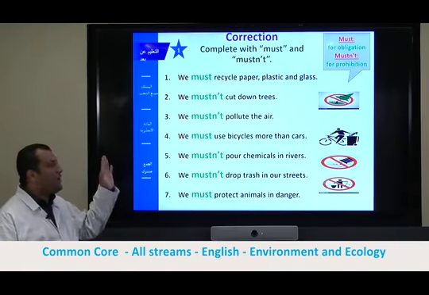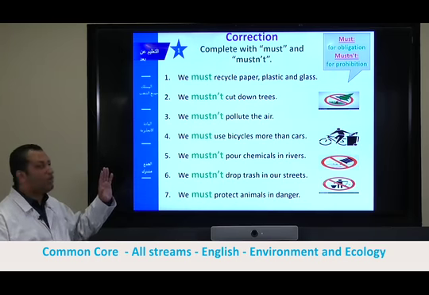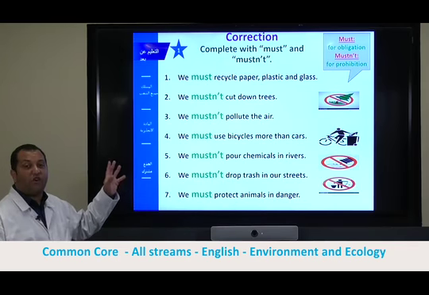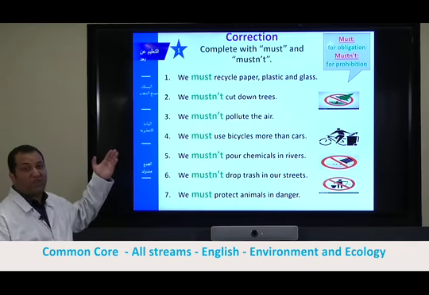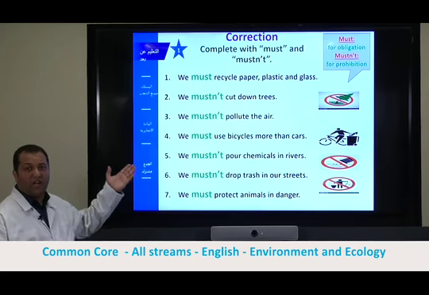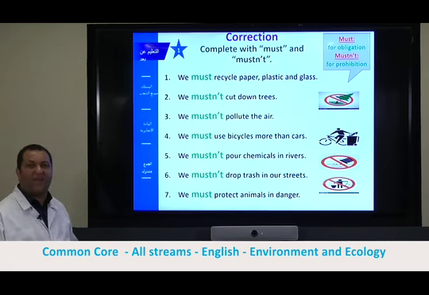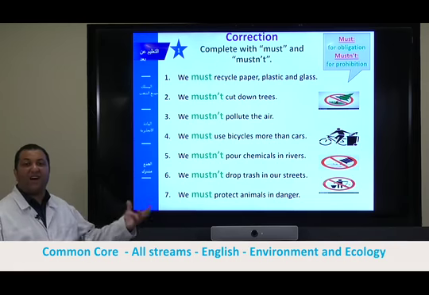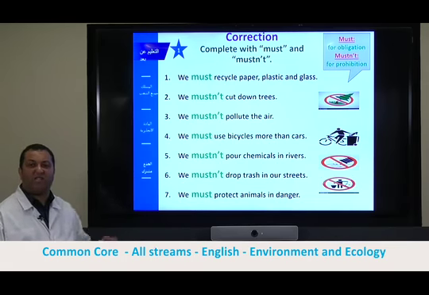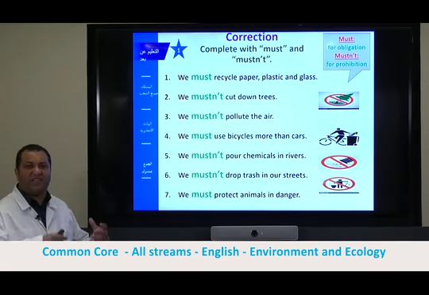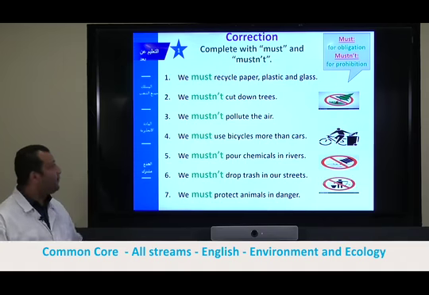Number 2, we mustn't cut down trees. We should avoid it, because it causes deforestation, and we all know the importance of trees in our life. Forests are the lungs of our cities and villages and countrysides and so on.